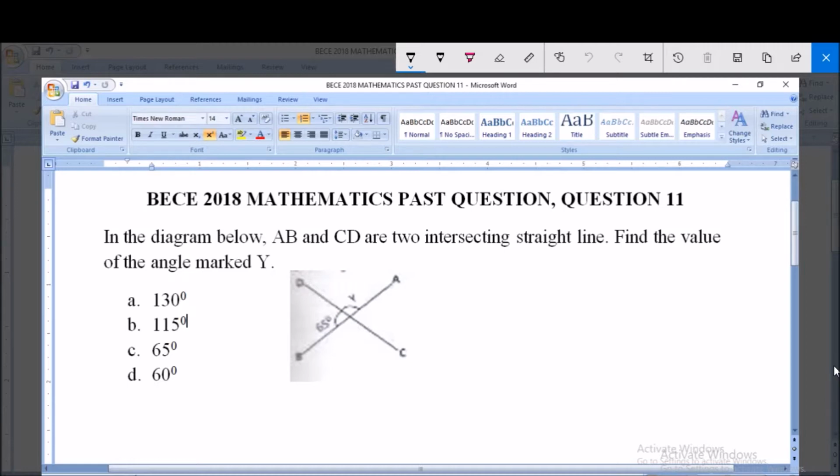Now we're given two straight lines, line AB and line CD, and these lines intersect each other. We are asked to find the value of the angle marked Y. This is the angle marked Y which we are looking for.